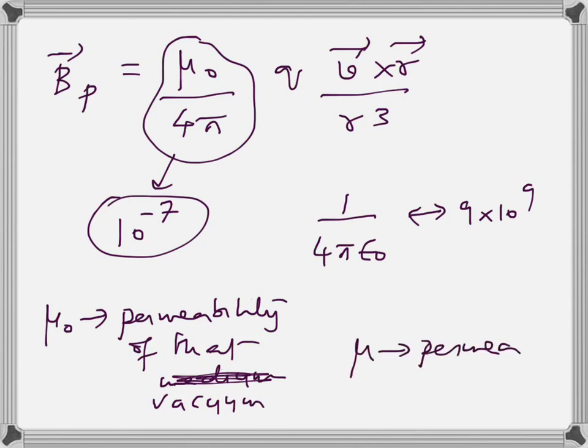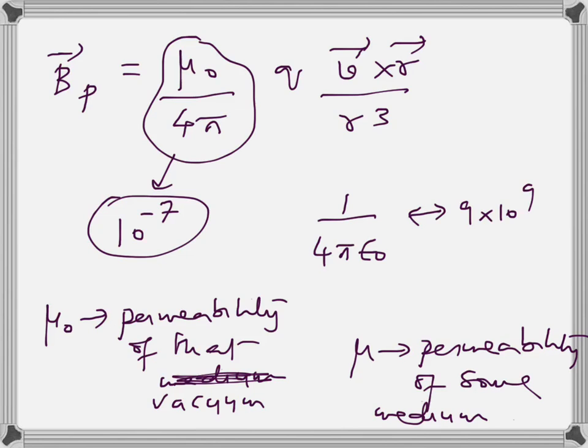When you put the 0 symbol, mu naught, it is referring to vacuum. So mu is the permeability of some medium. So if you are writing this law for a charge moving in a certain medium, not vacuum, then instead of mu naught by 4 pi, you will write mu by 4 pi. Depending on the value of mu, the constant will have some value. But if it is vacuum, mu naught by 4 pi is 10 power minus 7.